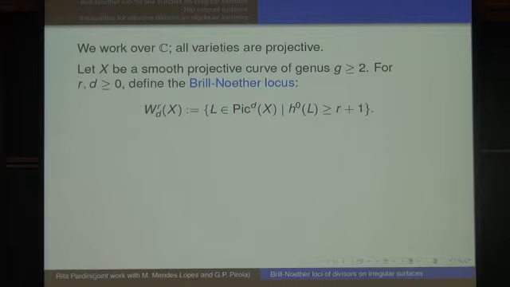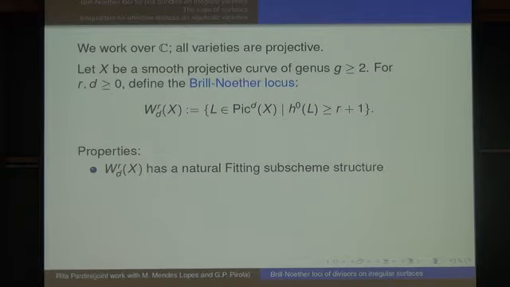D is the degree. You consider all the line bundles L of degree D, and these are parameterized by a connected component of the Picard scheme, and then you look at the subset of line bundles that have at least R+1 sections.